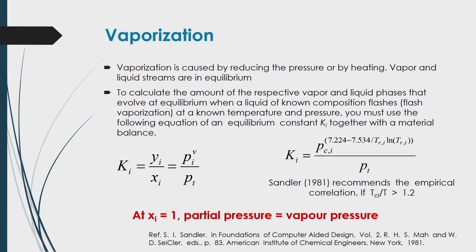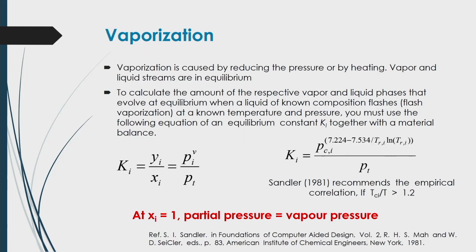Now, to calculate the amount of the respective vapor and liquid phases that evolve at equilibrium condition, when a liquid of known composition flushes in a flash evaporator or flash vaporizer, it is called flash vaporization, at a known temperature and pressure. You must use the following equation of an equilibrium constant K I together with a material balance.